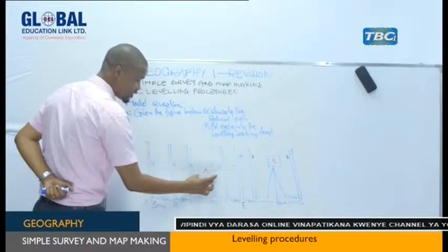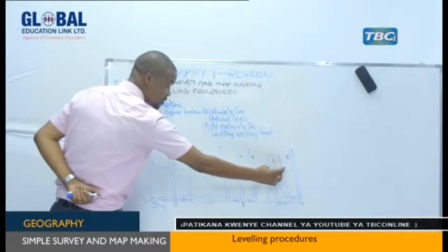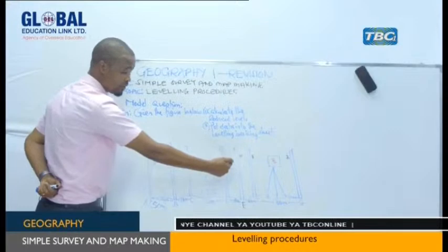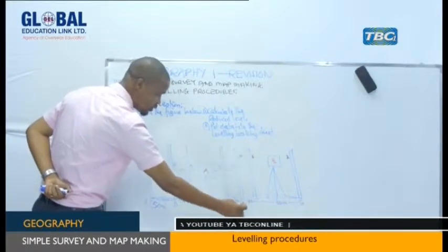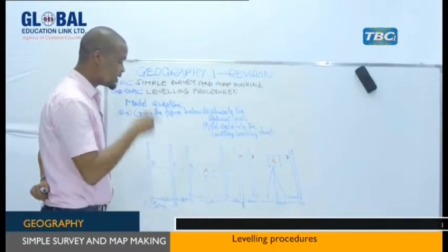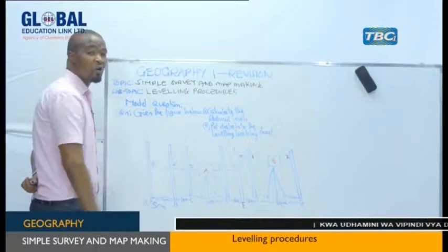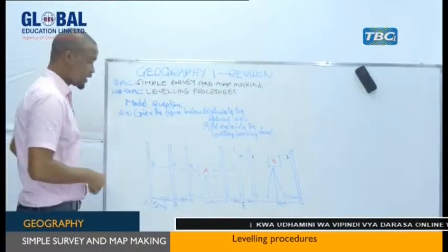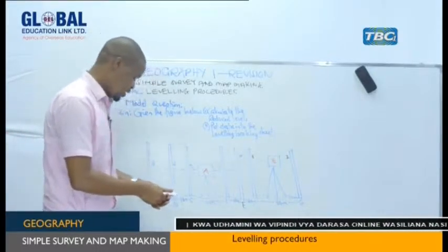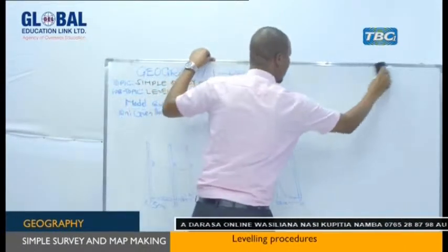We have the first spirit level, it reads this leveling staff, and we have the second spirit level, it reads this leveling staff. So this point E, we call it the changing point. As I said earlier, at the changing point we have to find the new height of what? Of collimation.